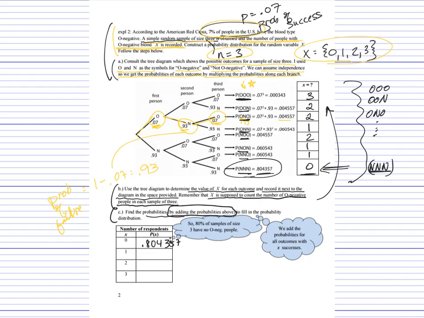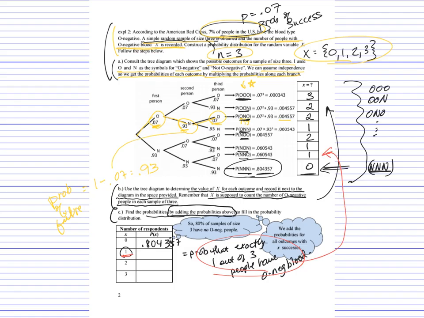This is the probability that X is 1, which is again the probability that exactly 1 out of 3 people have O negative blood. Okay, let's look at that. I'm going to do that one in red. Let's go up here. I'm looking for X values of 1, but look at that. There's more than one possibility, isn't there?